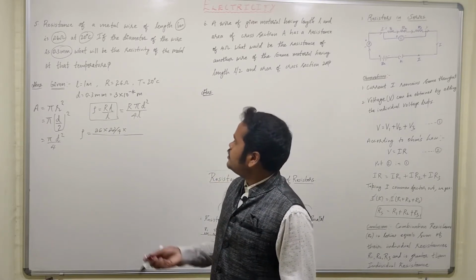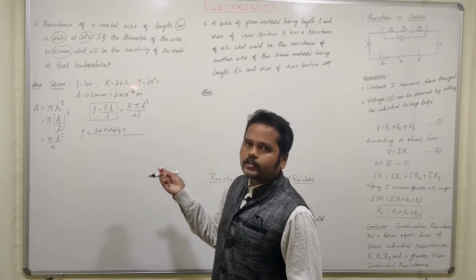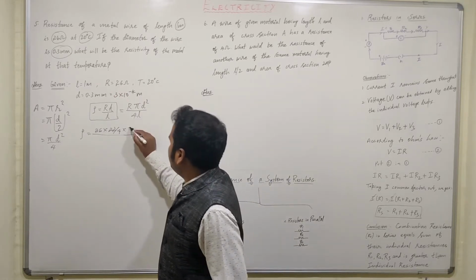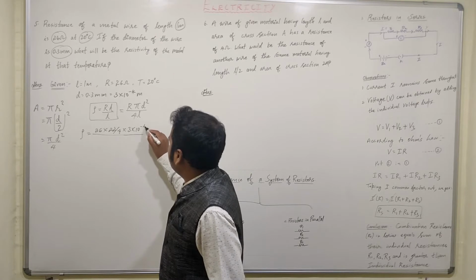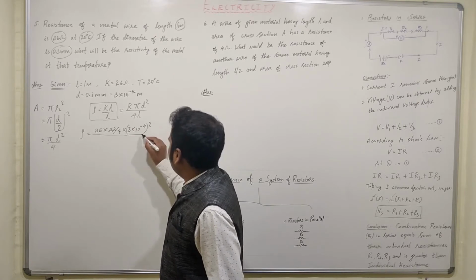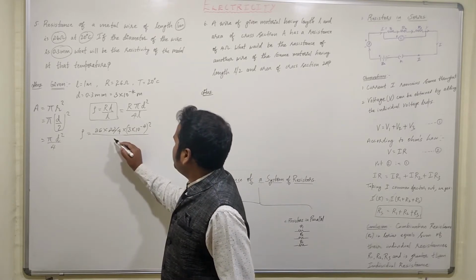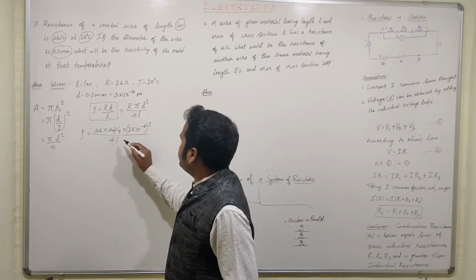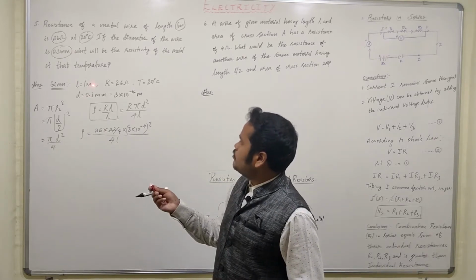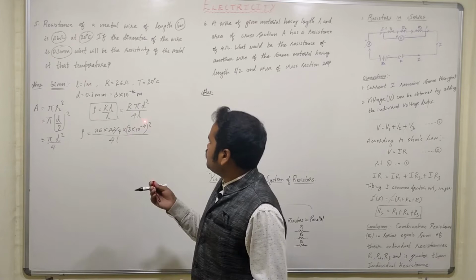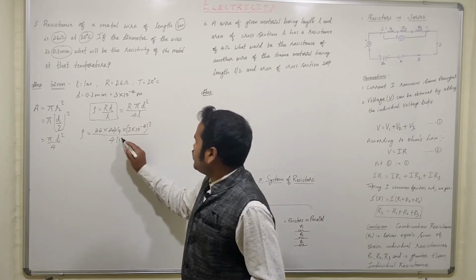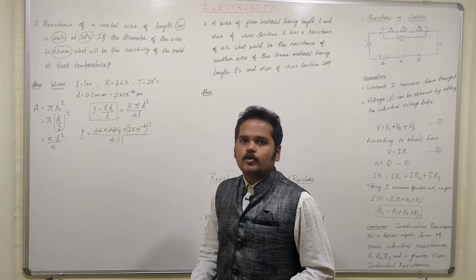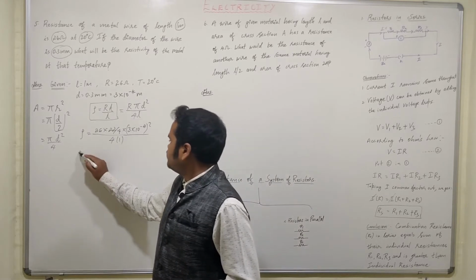The value of D is 3 into 10 to the power minus 4 meter, whole square, divided by 4 into the length of the wire, which is 1 meter. So in place of L we write 1. We have substituted all the values. Now let us solve it.